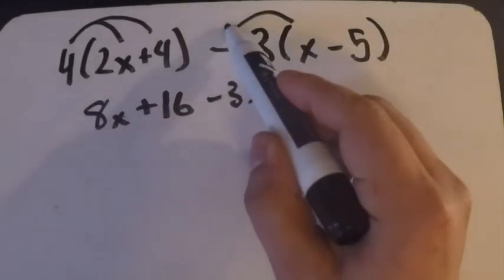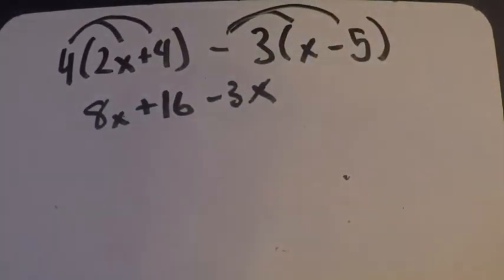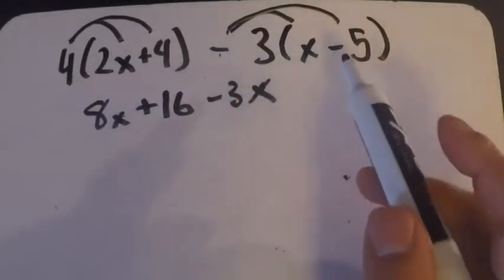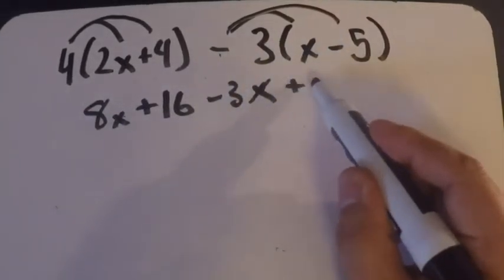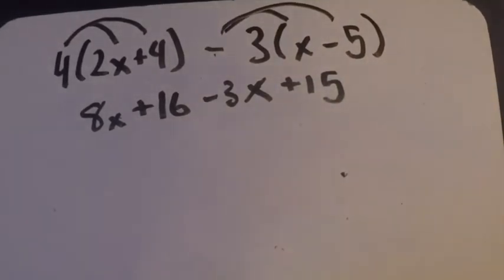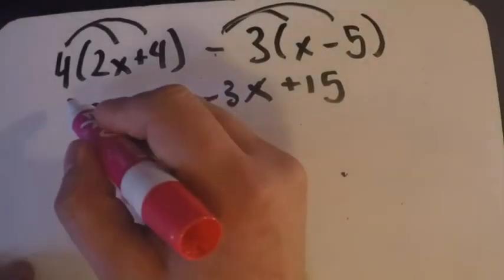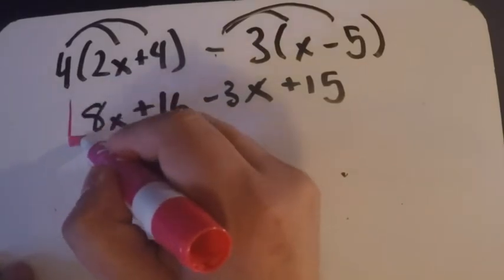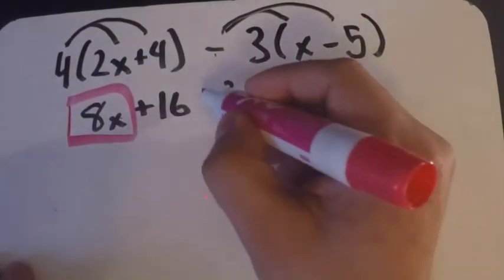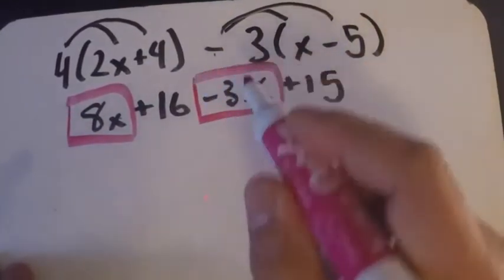And then -3 times -5, we have a negative times a negative, and we get positive 15. At this point here, we have to use the commutative property to rearrange our like terms so that we can simplify them. So again, we start to identify first our like terms of positive 8x and negative 3x.